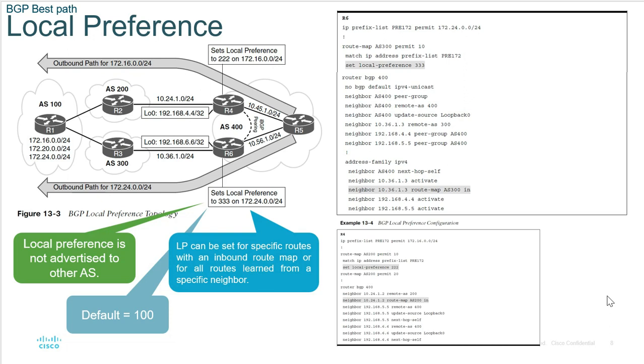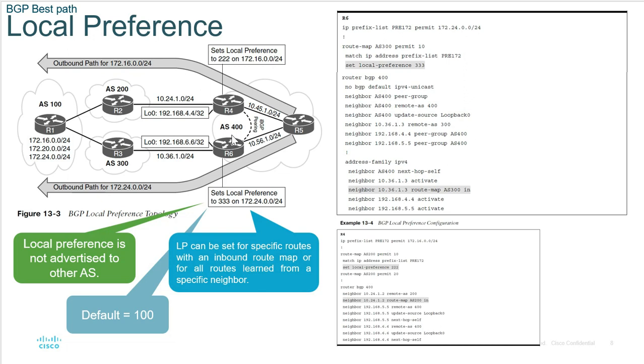Okay, let's look at the next attribute, which is local preference. So local preference is also not advertised to other autonomous systems, and the default value will be 100. So for example, among the iBGP, if this is an edge router, if it receives an advertisement for an outside network prefix, it will automatically set the default value to 100.